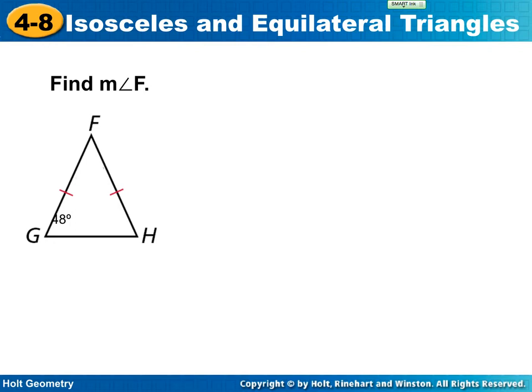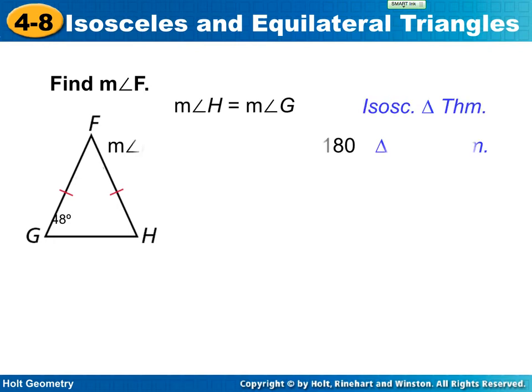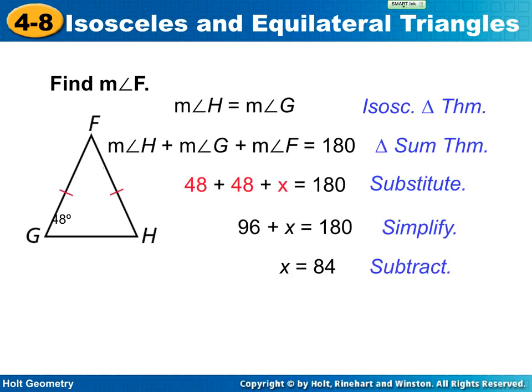Which two angles are the congruent ones? G and H should be the congruent angles. So if G is 48, H is 48, and then the other one is different than the other two. So angle F should be 84. How many got it right?